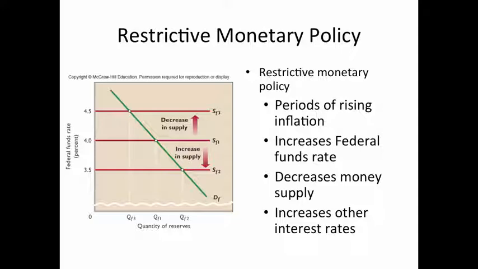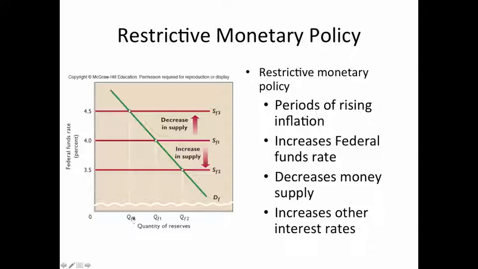When inflation is the problem, the Fed will want to decrease the supply of federal funds, reduce the quantity of these reserves in our market, so decrease the supply of federal funds, but increase the federal funds rate. Again, decrease the quantity of reserves, so we've got a decrease in the money supply.